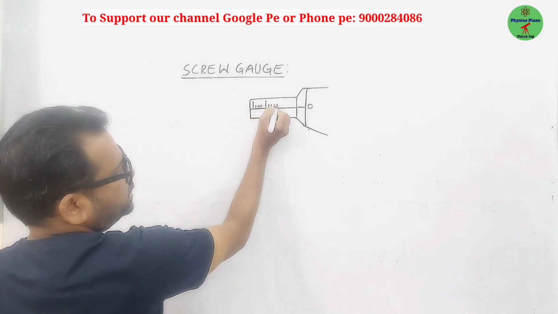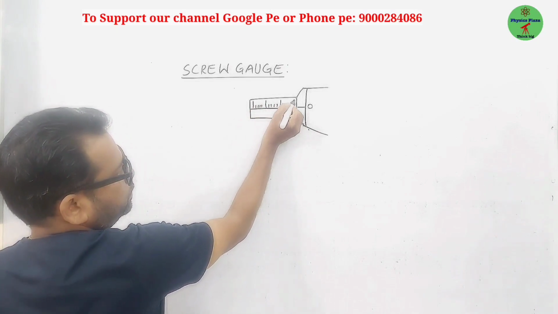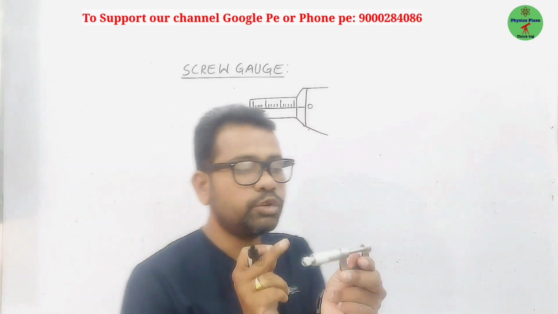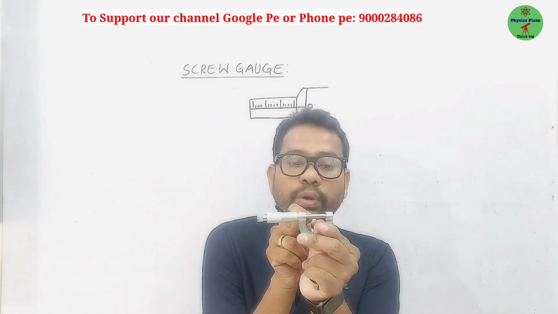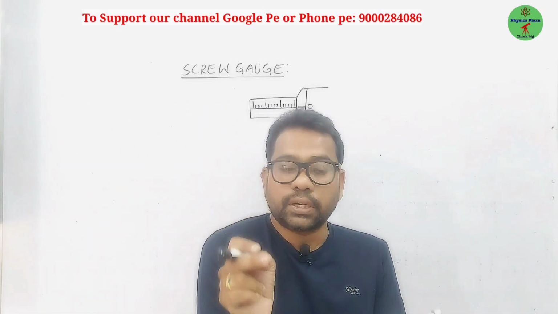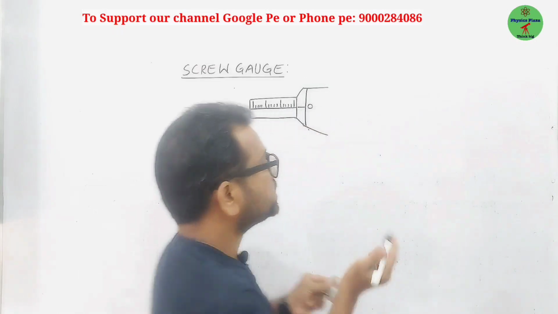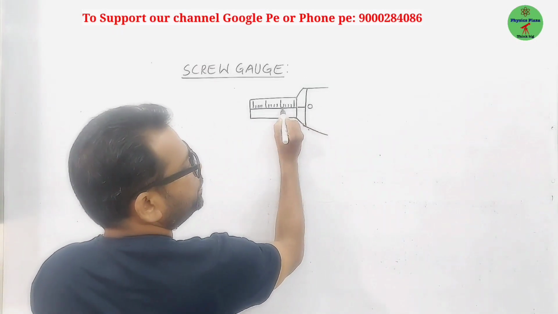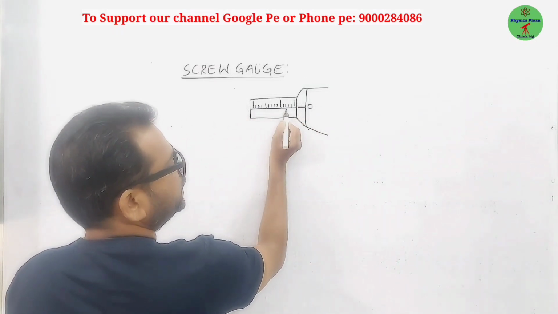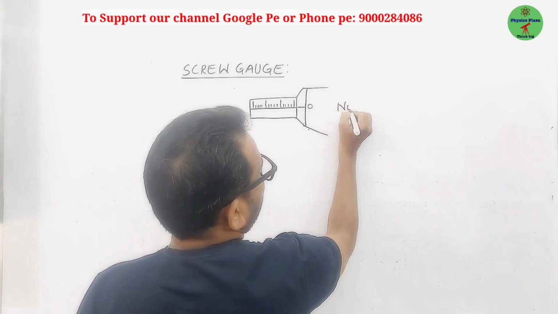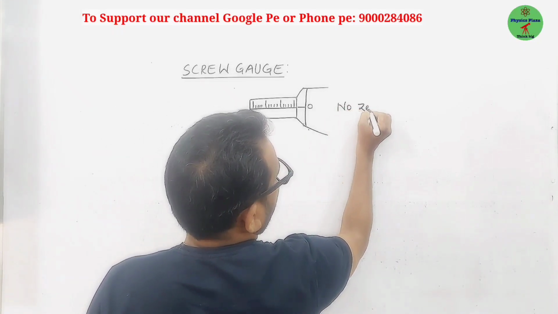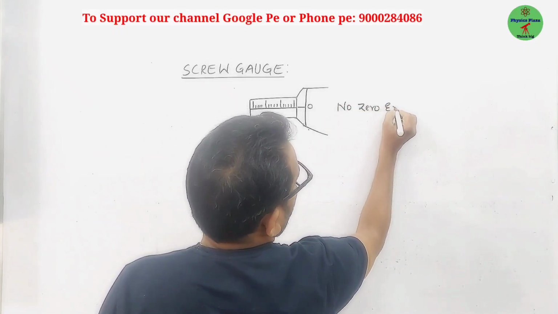So when you bring the screw in contact with the stud, if the zero reading of the circular scale coincides with the baseline, then it is said to be free from zero error. So there is no zero error.